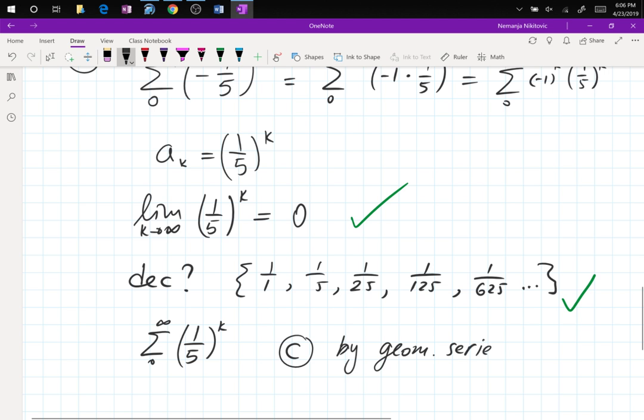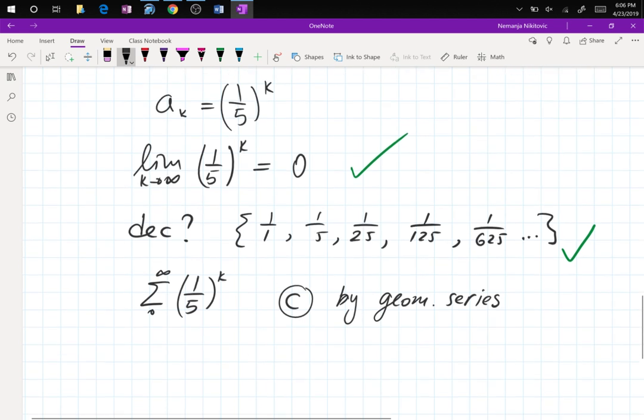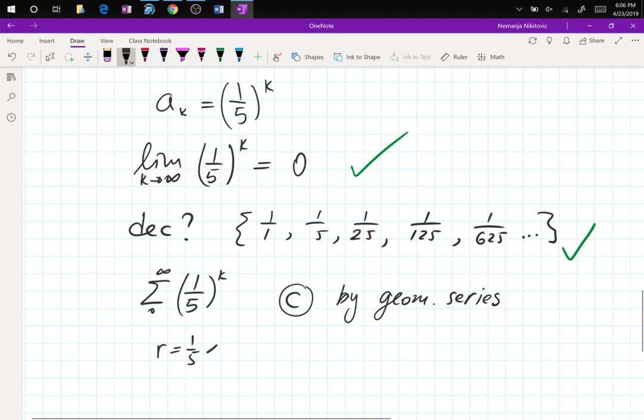If you are still not getting this, your r is 1/5, which is less than 1. So it converges, if you look at the second row on the sheet that I gave you.